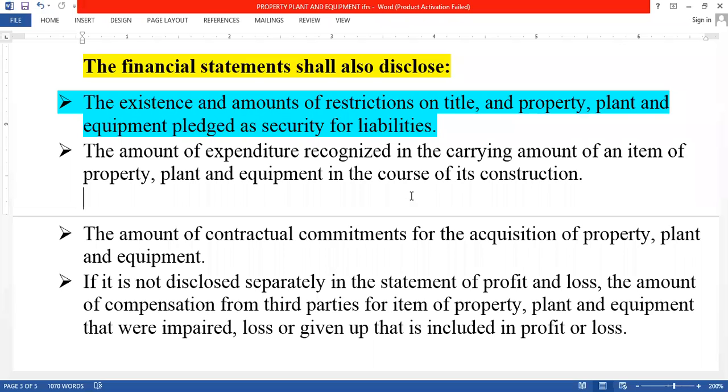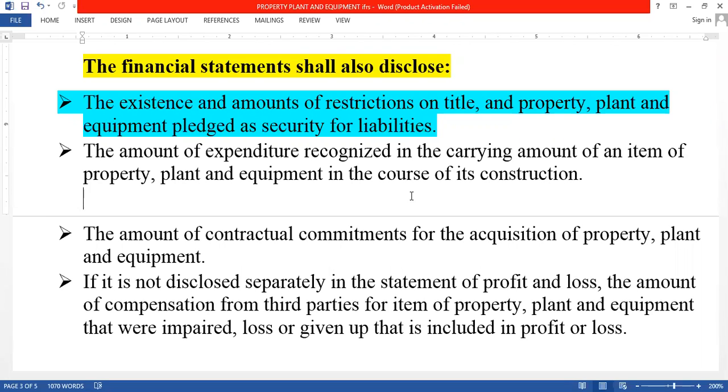In the financial statements, it is also necessary to disclose when any assets are pledged and given as security for taking loans, credit amounts, or any payable amounts. These are what we call liabilities. To get a liability, we give a security. What type of security? For example, machinery.